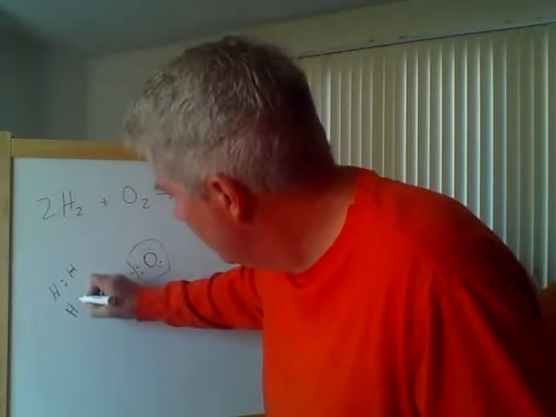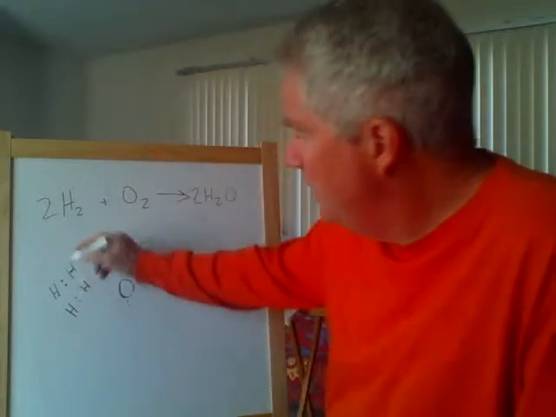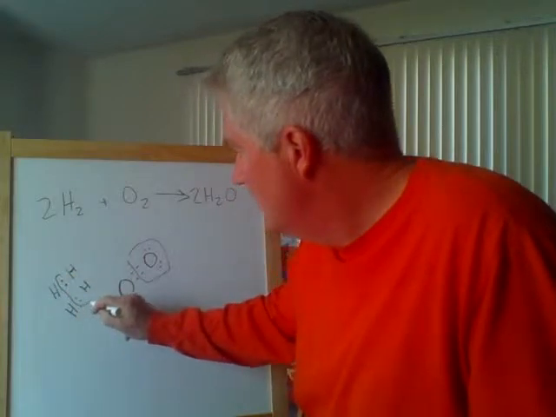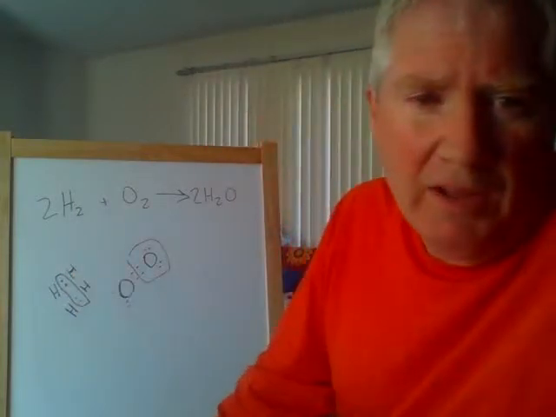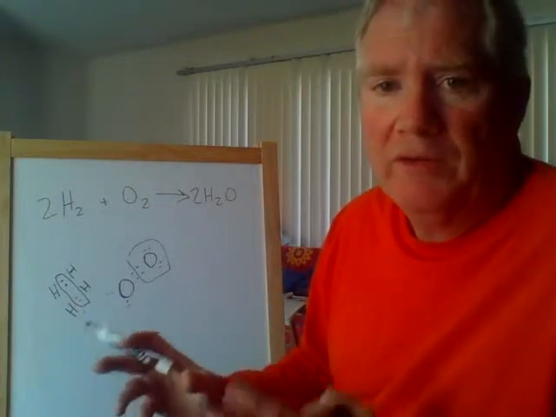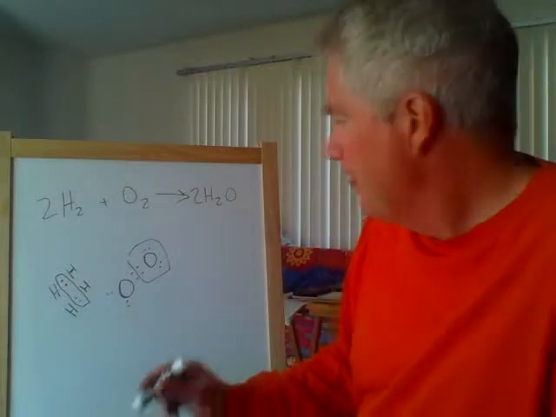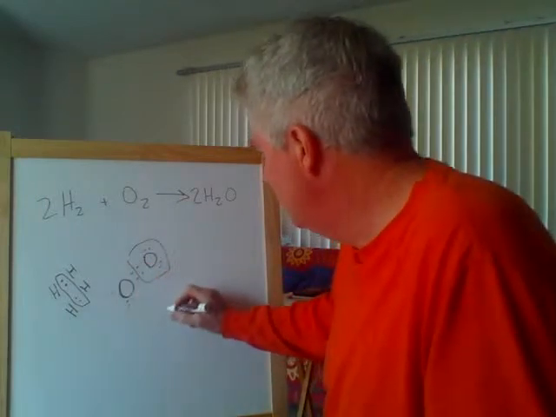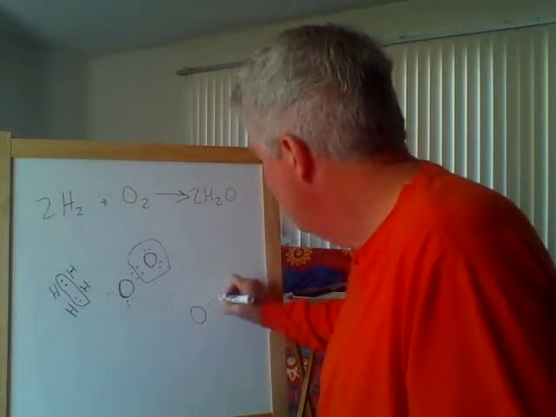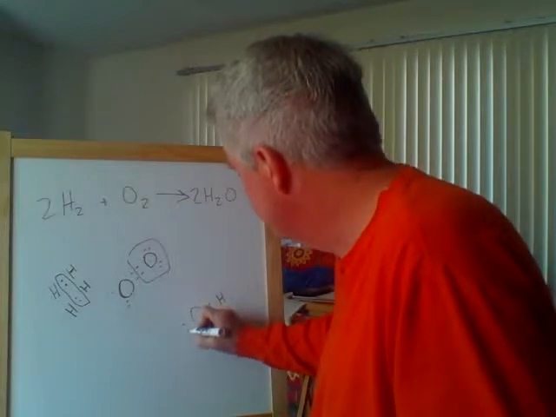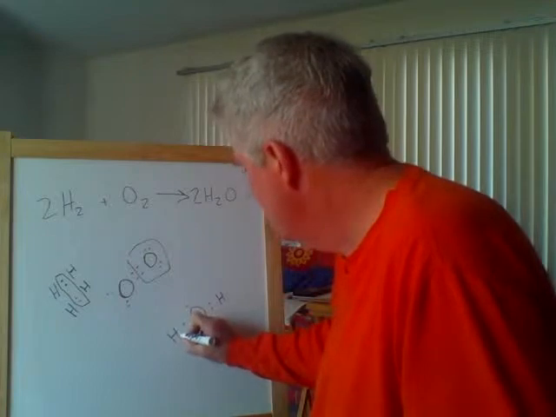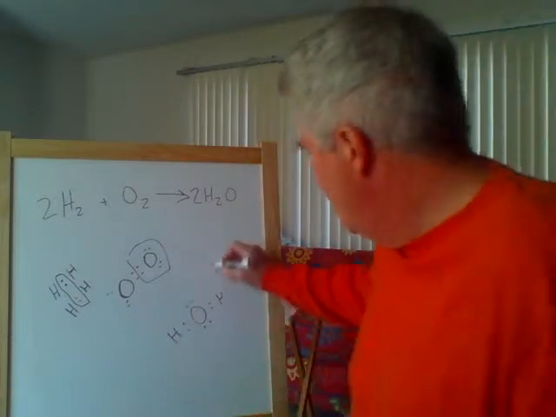Both of these hydrogen molecules are happy to donate their pair of electrons to oxygen as part of this oxidation reduction process. So what happens in this case is we end up with water, which we've drawn several times, but I'm going to draw it like this now. There's water, okay, and I've got to draw another one.